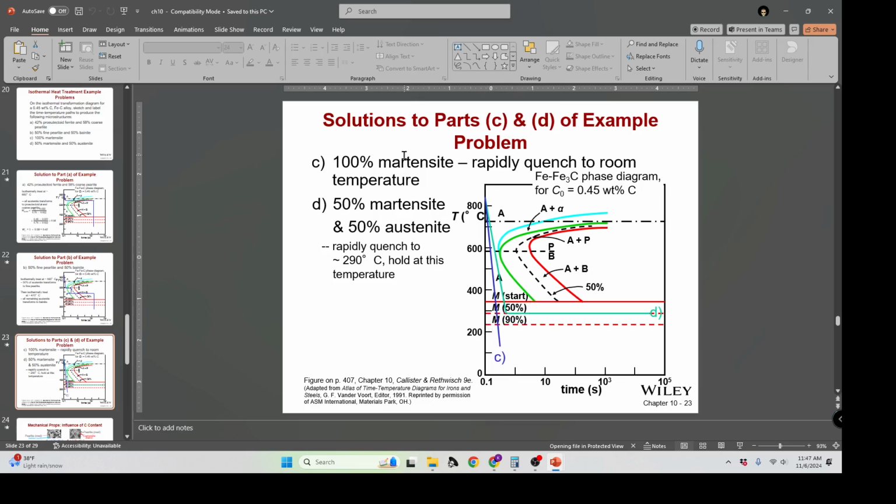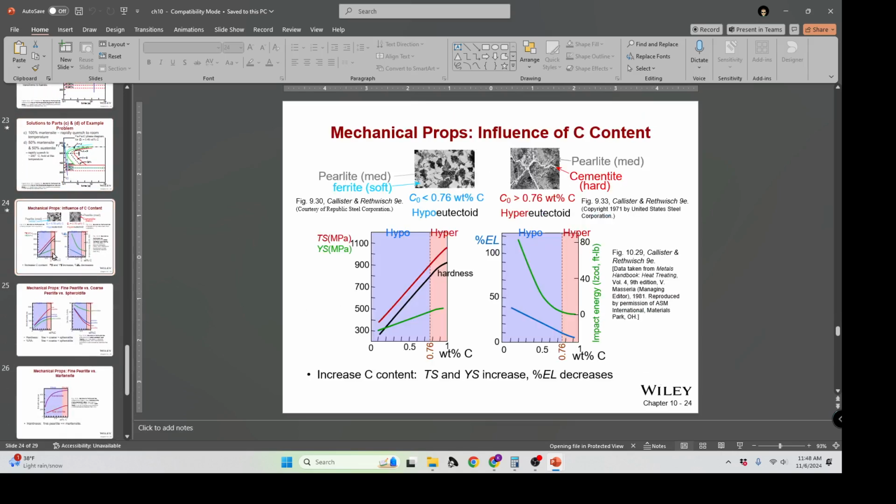The 50-50 martensite, you cool rapidly to 290 and hold it there in order to form a different version. So there is going to be a mixture of these two. Hypo-eutectoid below the eutectoid point, there's going to be a lot of alpha, a little bit of pearlite. Above, hyper-eutectoid, it's going to be a lot of pearlite, a little bit of cementite in the main phase.